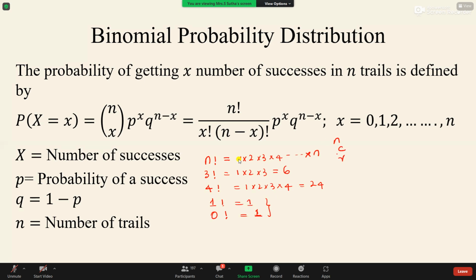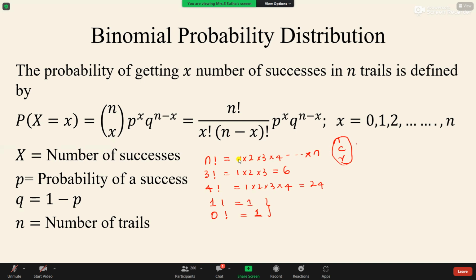You check your calculator, there is a notation nCr. Using this function, you can calculate this combination. You don't need to calculate 3 factorial, 4 factorial separately. You can straight away use this function.